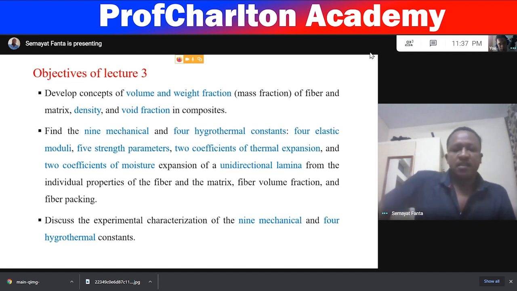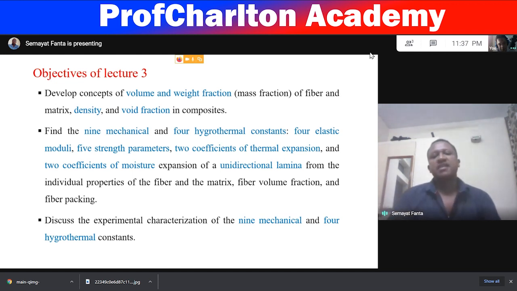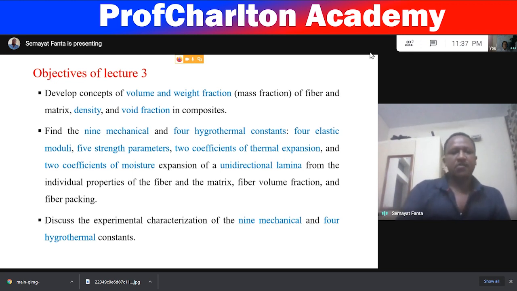And the 4 hydrothermal constants are 2 for the thermal expansion and 2 for the moisture expansion. So there are 13 constants, and we are going to determine those constants.